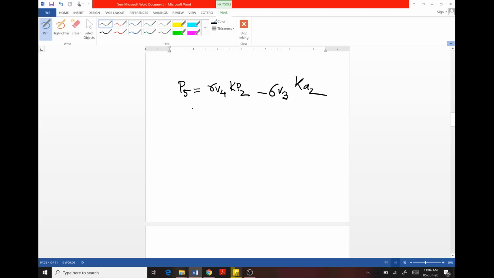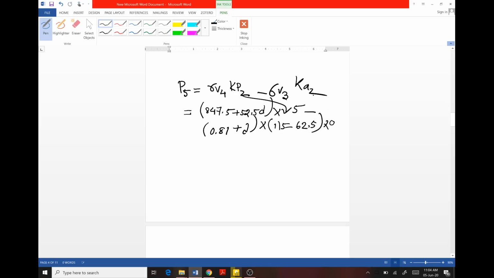Sigma V4 we have already determined: 847.5 plus 52.5 D, into the value of Kp2, which is 5, minus sigma V3, which is 0.81 plus D into 115 minus 62.5, into the value of Ka2, which is 0.25.